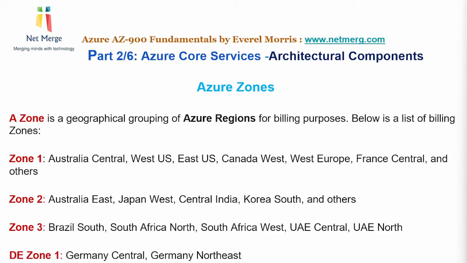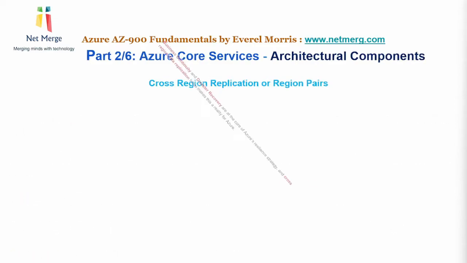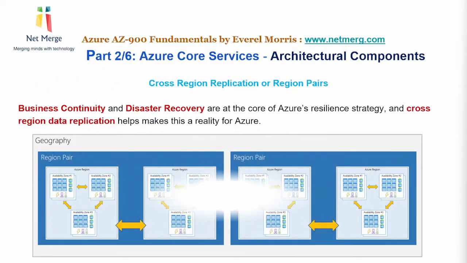And then the final zone, DE Zone 1, is for Germany. It covers Germany Central and Germany Northeast. So there you go. You get a good understanding of what the different zones are, and I look at the overall structure.